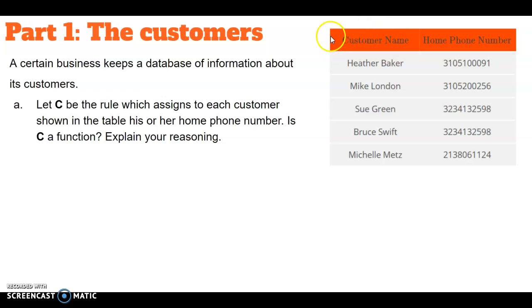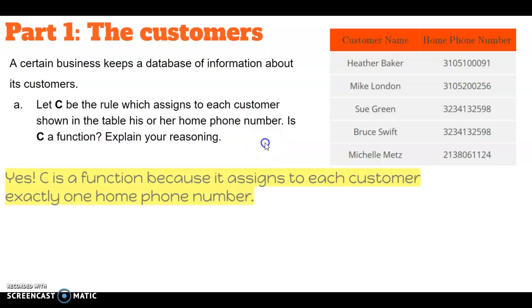So we're just looking at the customer names. Are there any duplicate names? Absolutely not. We have one Heather Baker, one Mike London, one Sue Green, one Bruce Swift, and one Michelle Metz. So, is this a function? Absolutely, yes. C is a function because it assigns to each customer exactly one phone number.